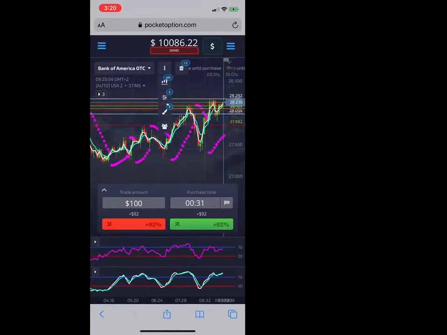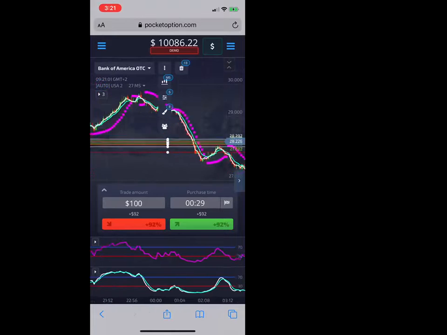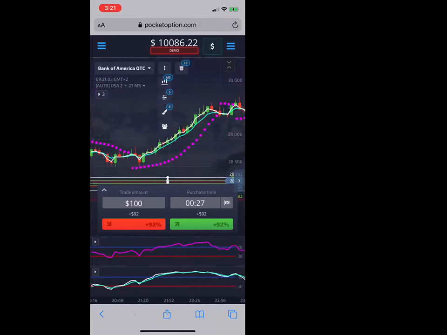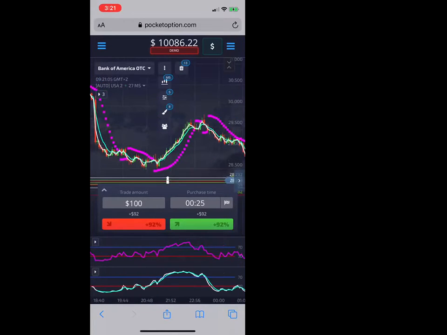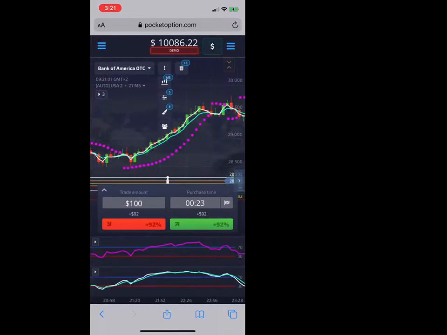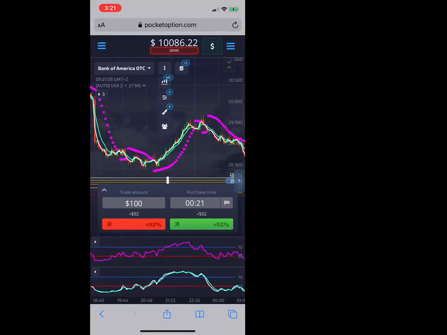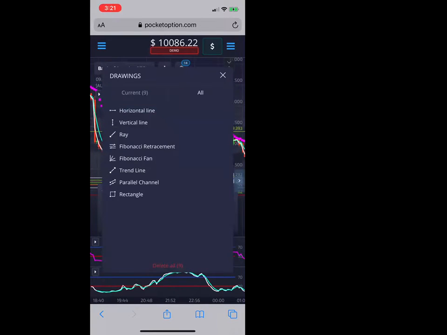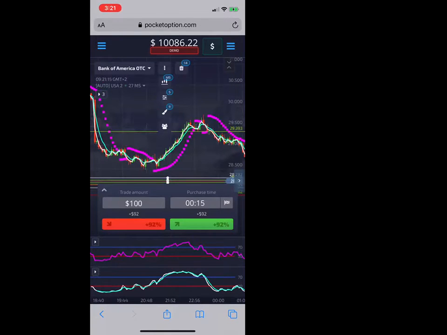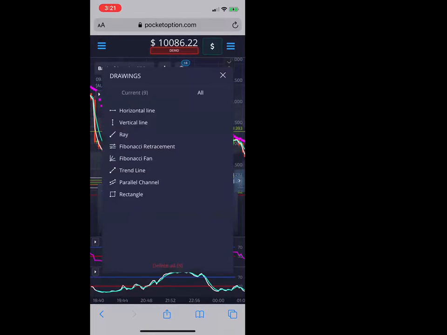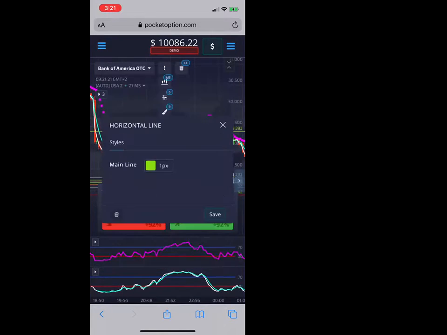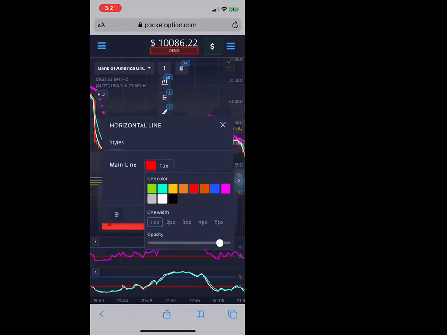But I want to see if there's one up here somewhere. Yeah, there is. So now what I would do, I'll place one more. My last one. Change this to red.